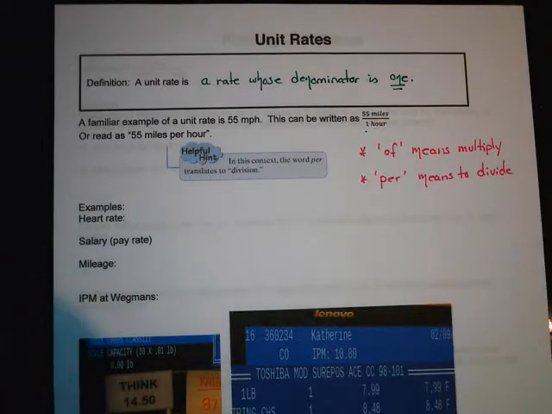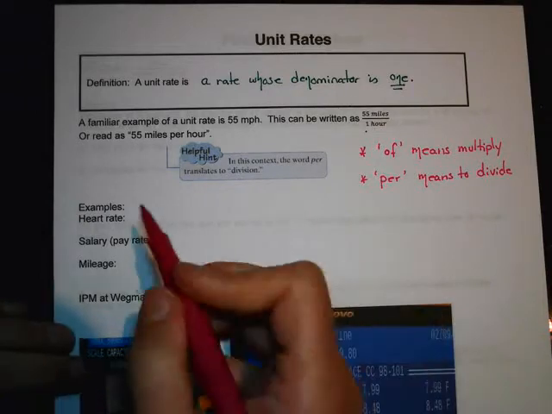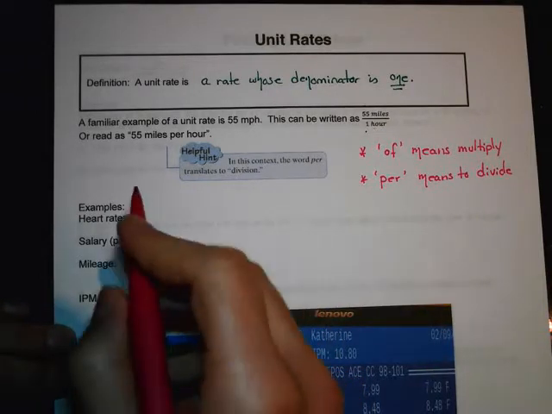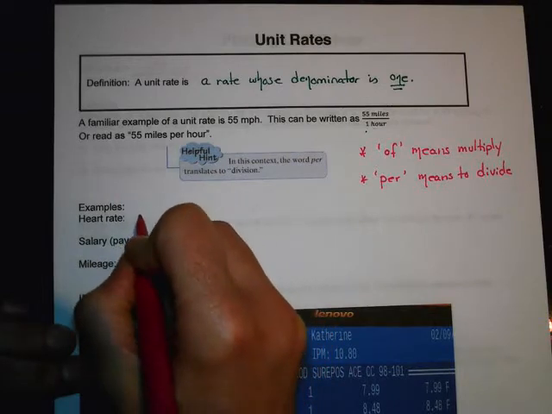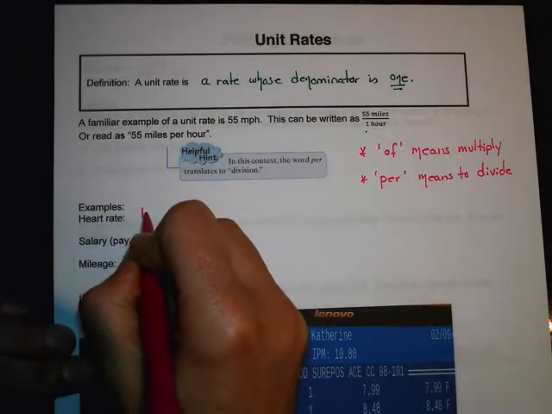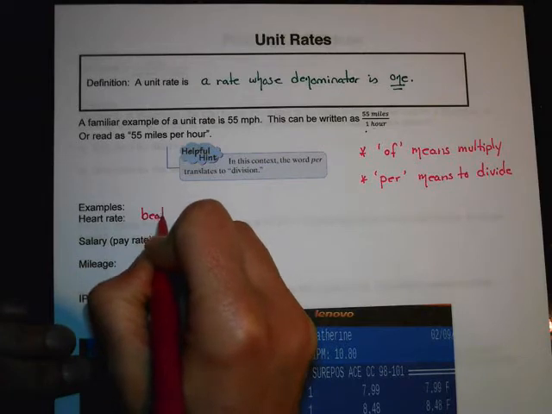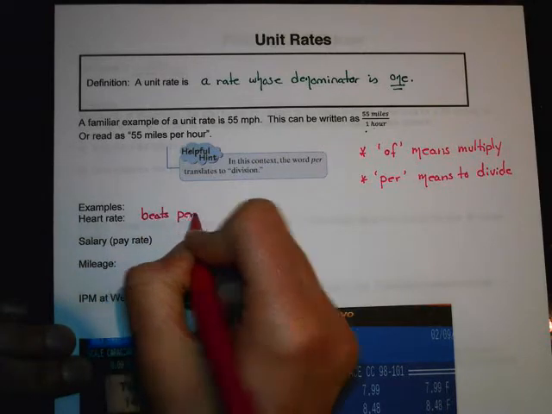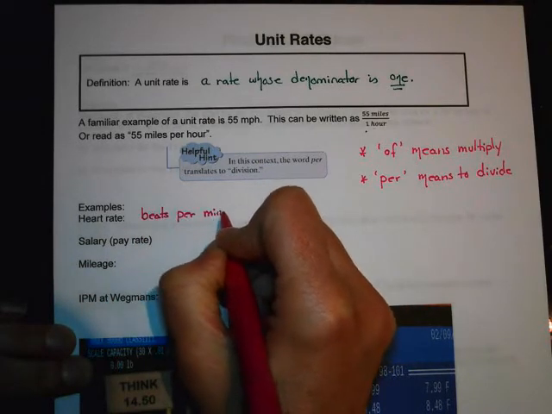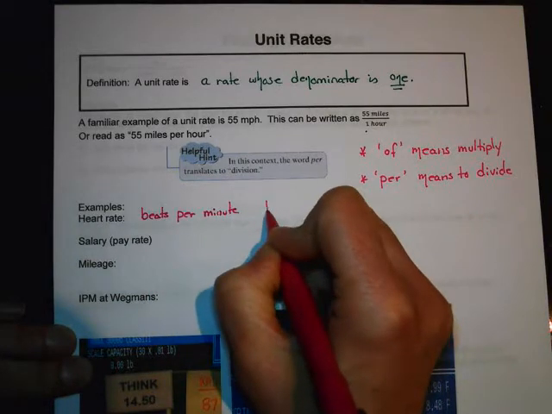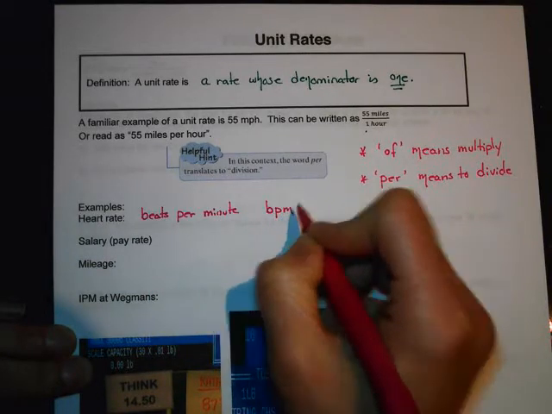So if I said heart rate, what would you guys say? What are the units for heart rate? They're beats per minute. Some people like BPM, beats per minute. 1 minute. 1 minute goes on the bottom.